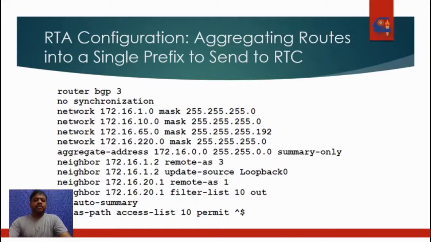RTF is also doing the same aggregation on its end with a configuration similar to RTA. RTA's configuration uses the aggregate-address command to aggregate all the more specific routes of 172.16.0.0/16 into a single address.